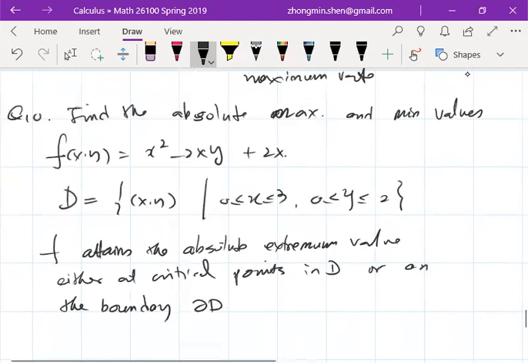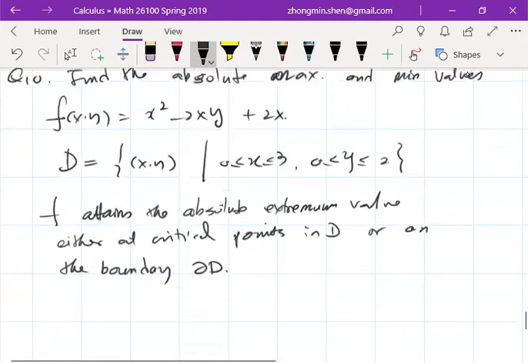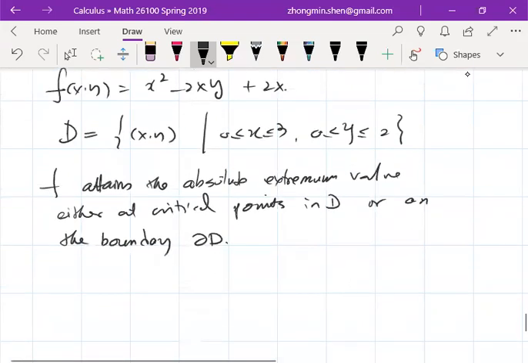The boundary is a square. So what I have to do is find the critical points inside the domain, and then look at the value of the function at the critical points and on the boundary.